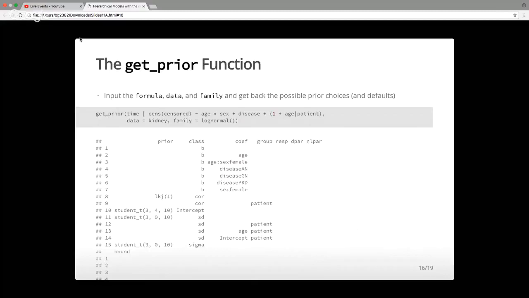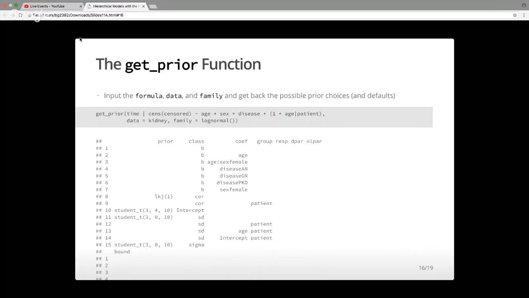They have priors which are Student t with a small degree of freedom, 3, and also the intercept in this model is going to have a Student t prior as well. There are no bounds, and then the overall standard deviation of the log normal has a sigma parameter that is also going to be Student t.